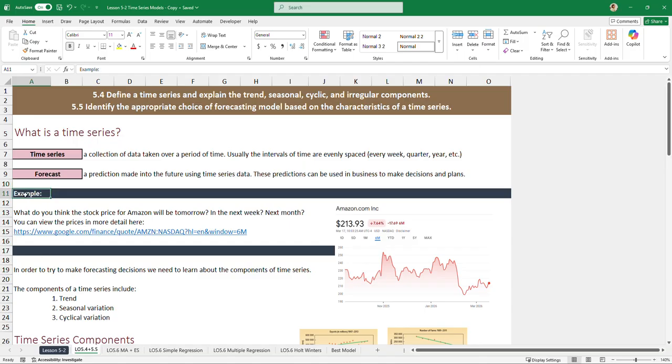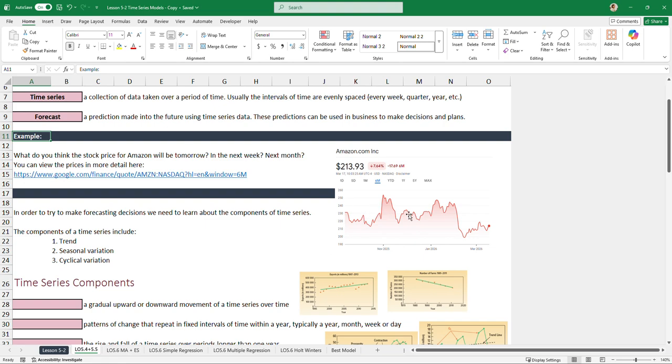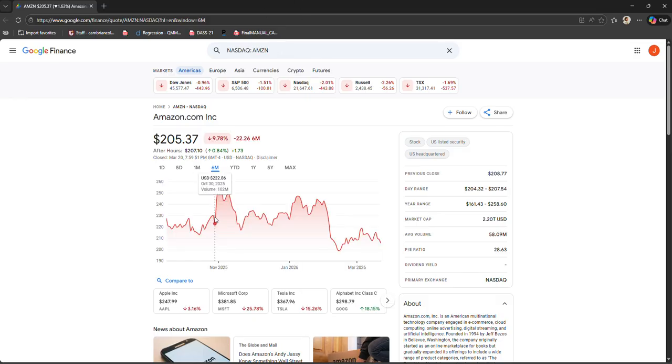If we look at a quick example, you can see in this image Amazon stock prices. These are given over a 6-month period. You can see 6 month is selected here. If I click on this link, it will open up the actual interactive chart where you can see every single day what the stock price is.